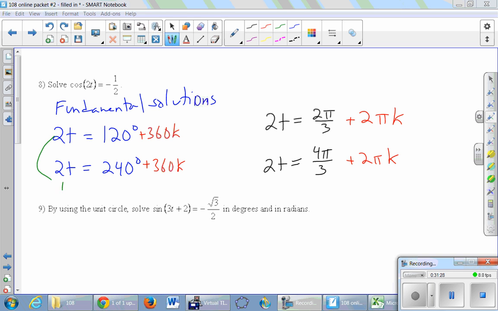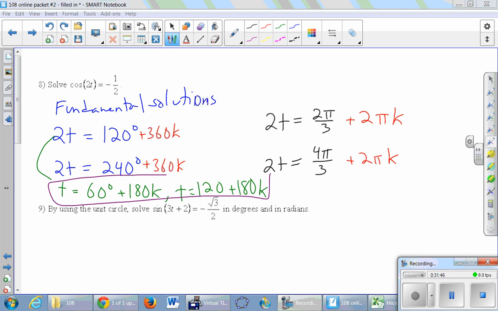So this one becomes t equals, so divide the 120 by 2 to get 60, divide the 360 by 2 to get 180, and then there's a k. Or in the second equation, divide the 240 by 2, and then divide the 360 by 2. So that right there is the complete collection of solutions to the equation cosine 2t equals -1/2.